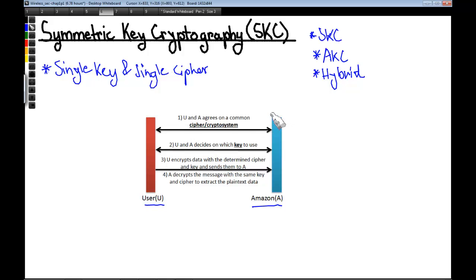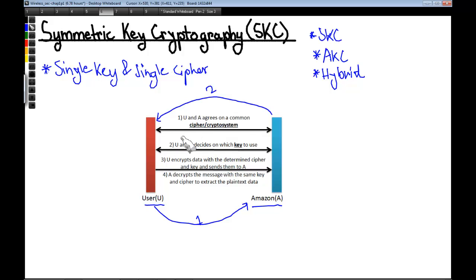First, A tells U, Mr. U, I have this crypto system and this cipher, will you accept it? That occurs after user U has requested A, I want to buy something from your store. This second message from A, requesting an agreement about its cipher, goes to U, and U agrees.